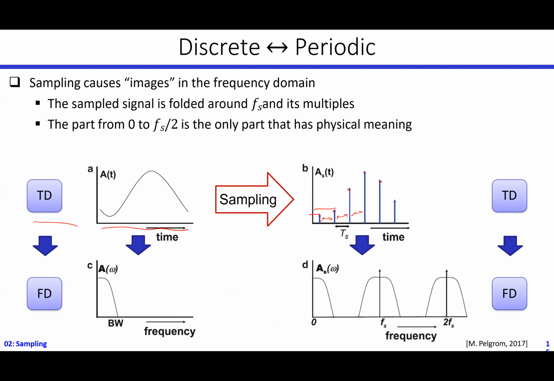So now in the frequency domain, if this was the original bandwidth or the spectrum of my signal, this is how it will look after the sampling process. We will again have images or replicas of the spectrum of my original signal copied at Fs, 2Fs, and every integer multiple of Fs.